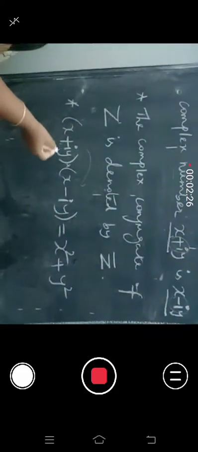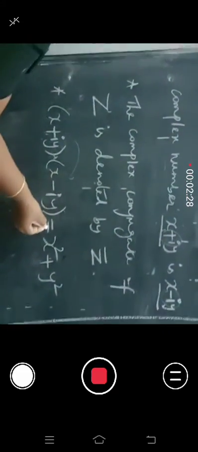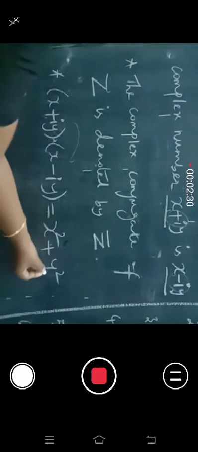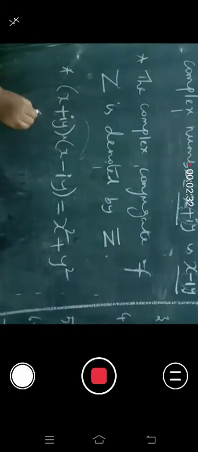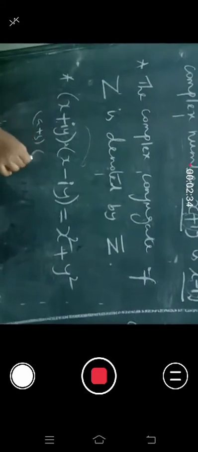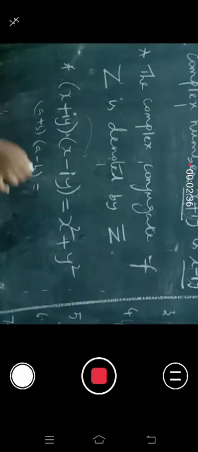Then x plus iy into x minus iy equal to x squared plus y squared. Now this is in the form of the algebraic identity, a plus b into a minus b. Generally a plus b into a minus b is a square minus b square. But here, although this is also in the form a plus b into a minus b, we get x square plus y square. Why?